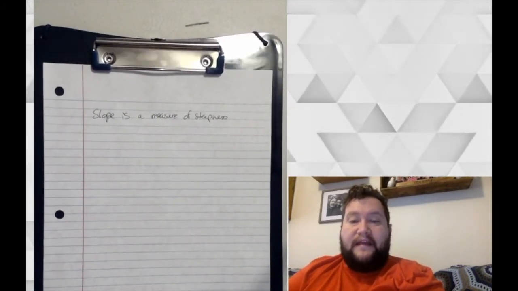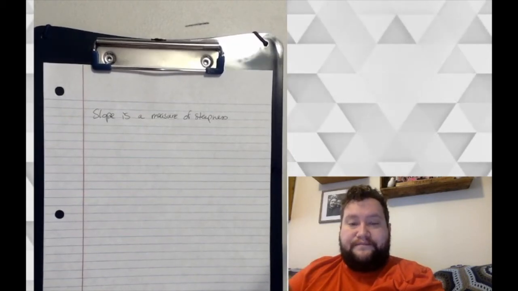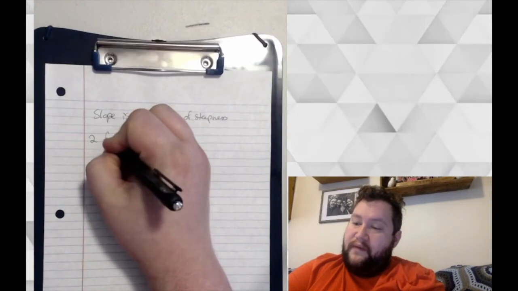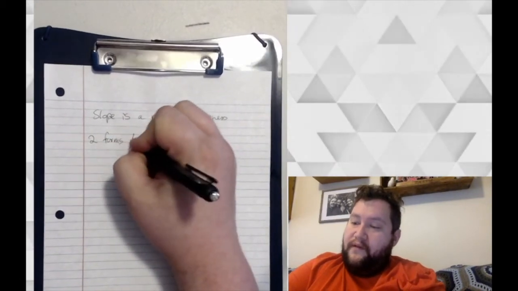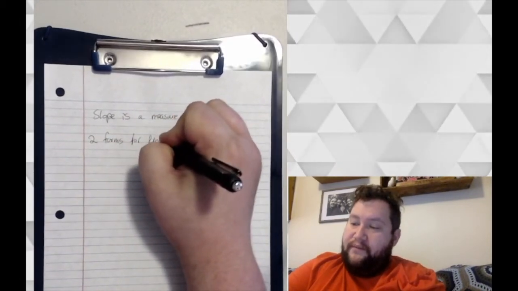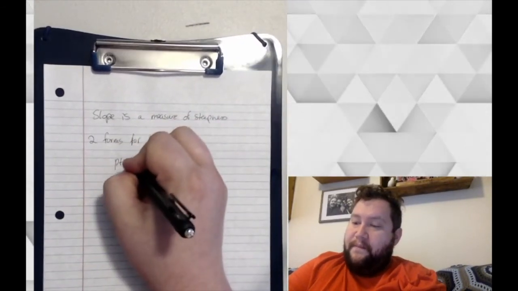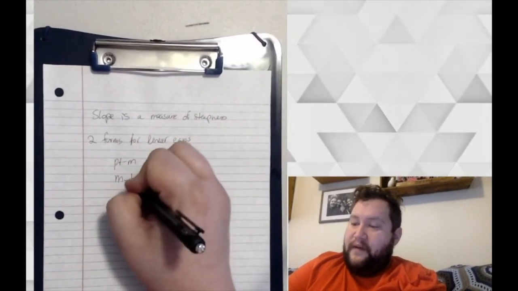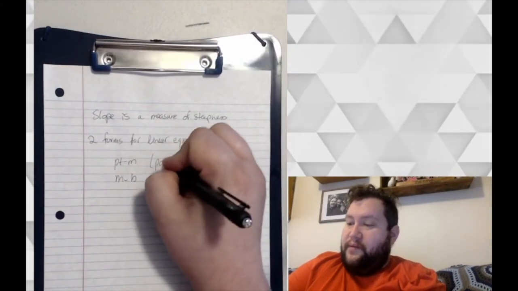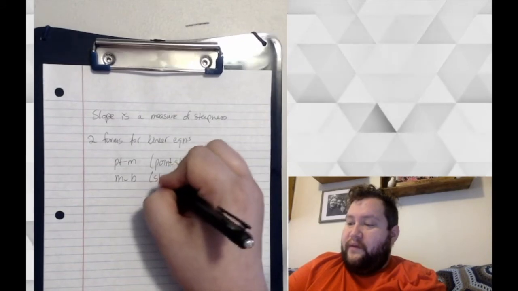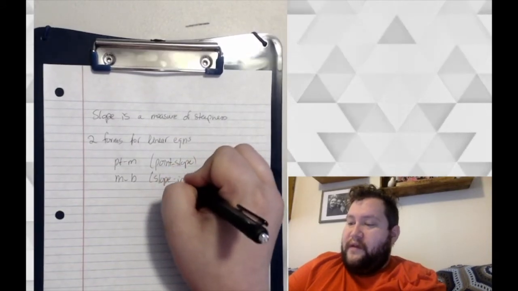And if it's negative, from left to right, it'll go down. We have 2 forms for linear equations. We have point slope and slope intercept.